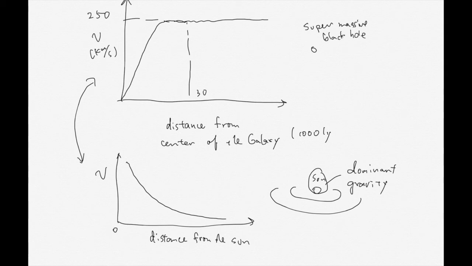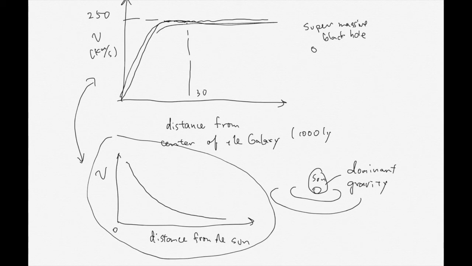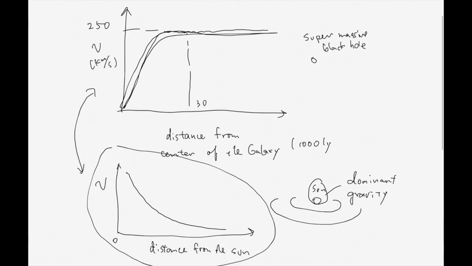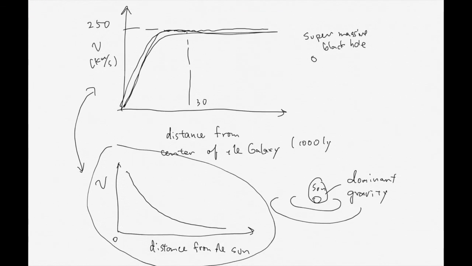If the supermassive black hole is very, very heavy compared with other stars, we expect the same orbital speed curve as our solar system. But in the case of the galaxies, we obtain very different orbital speed curves. So this means a supermassive black hole is not massive enough to determine the gravitational field of the galaxies. We should remember this difference between the orbital speed of stars and of planets.